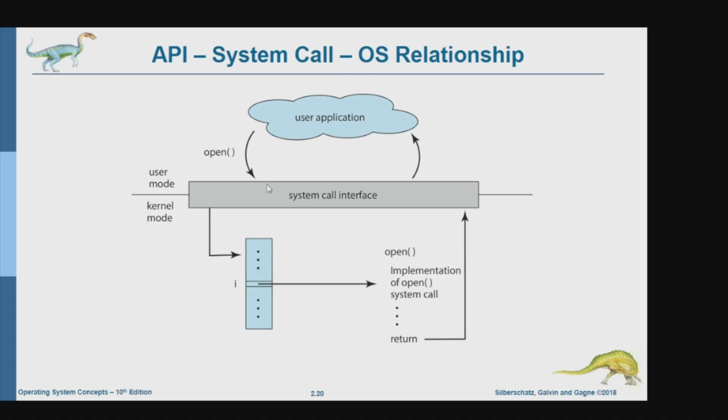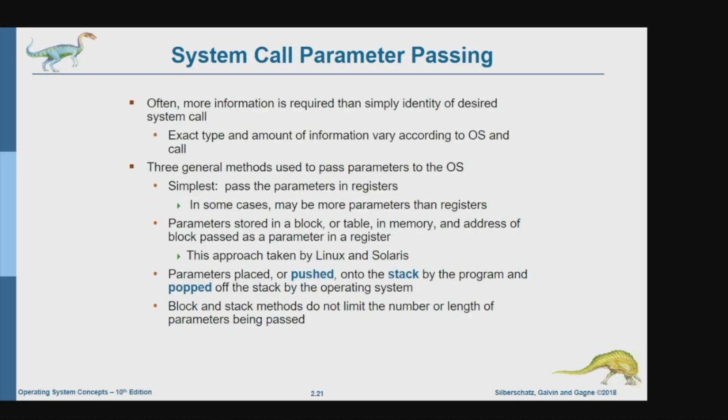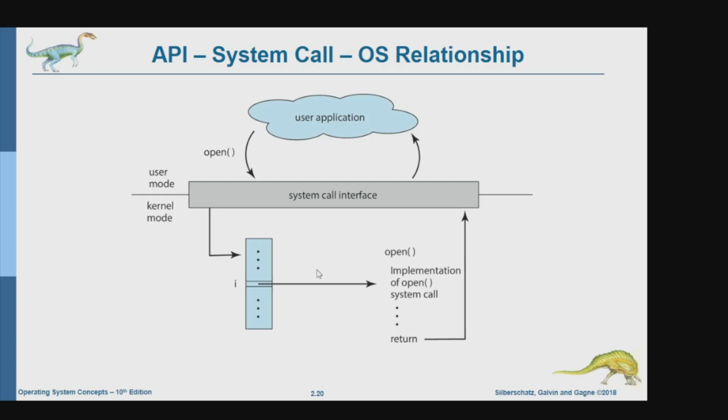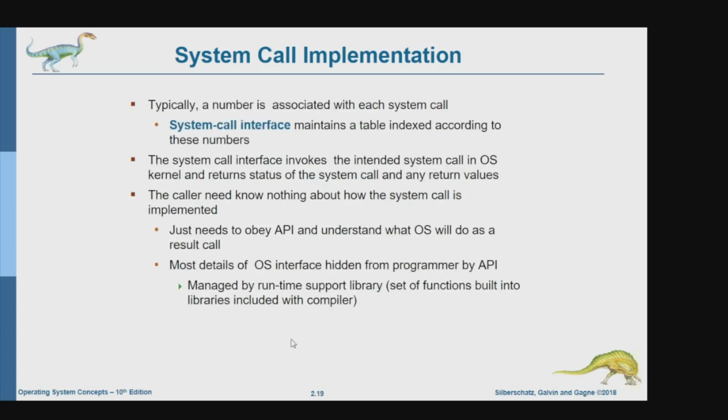So we open the Telegram. The system call is needed, so it needs open. So what happens here? We call the function open, then the implementation of the open system call, and then return the values here. And then this one refers to the index table that I mentioned in the previous slide, which maintains a table index according to the number.